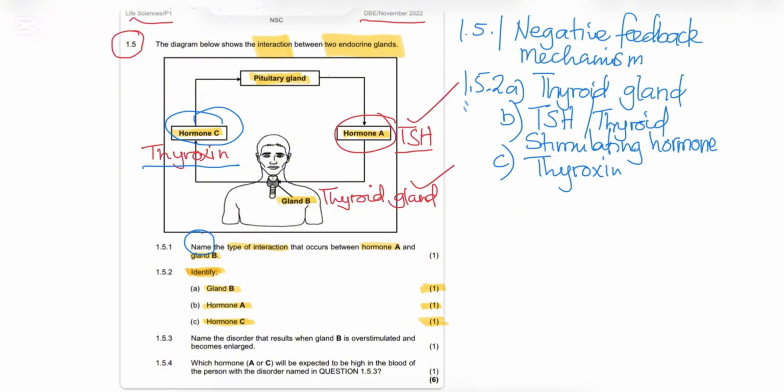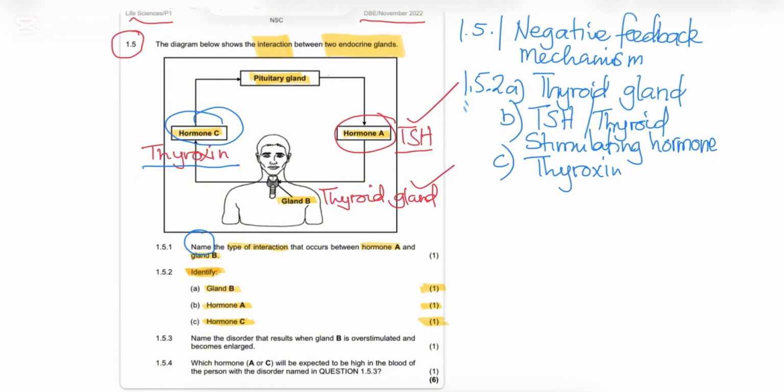To question 1.5.3. Right, 1.5.3 is what we are looking at now. So this question is asking us to name the disorder that results when gland B is overstimulated and becomes enlarged.